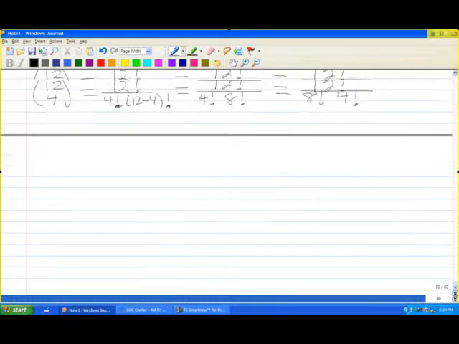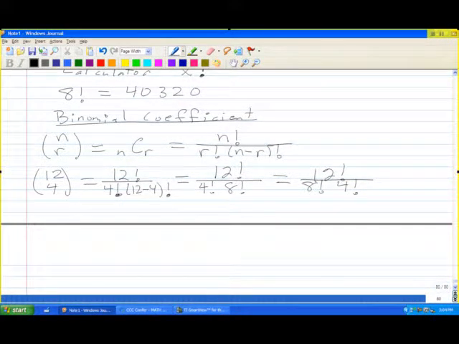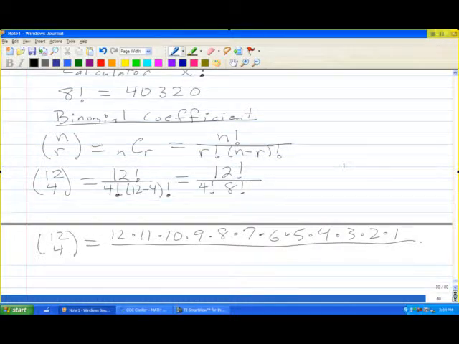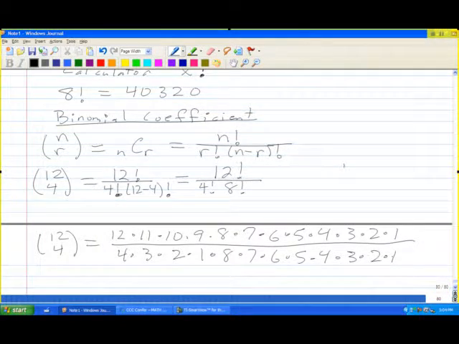And so this would equal 12 times 11, 10, 9, 8, 7, 6, 5, 4, 3, 2, 1 over 4 factorial, 4, 3, 2, 1, 8 factorial, 8, 7, 6, 5, 4, 3, 2, 1.